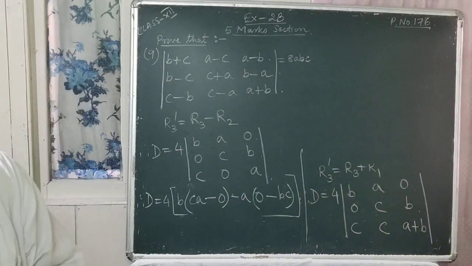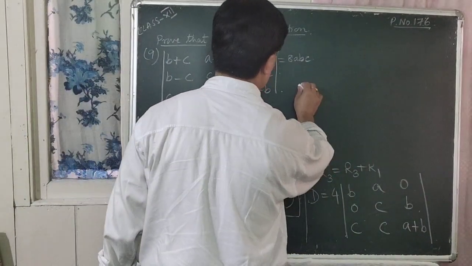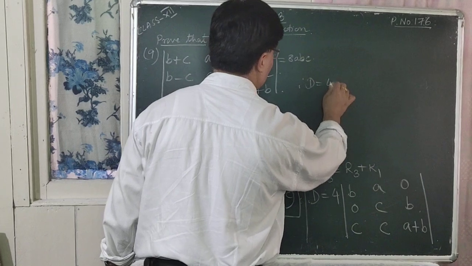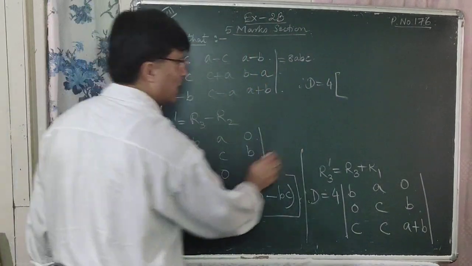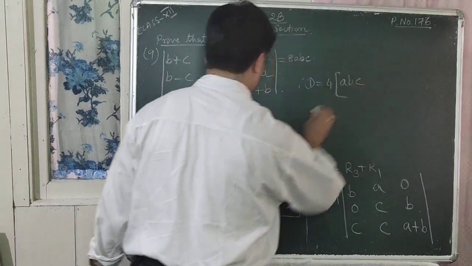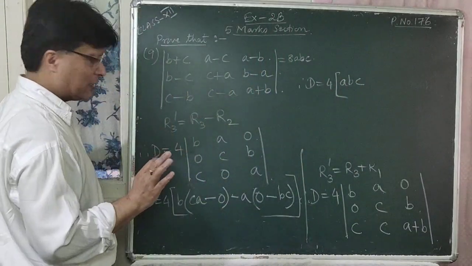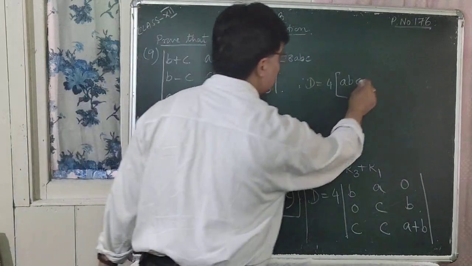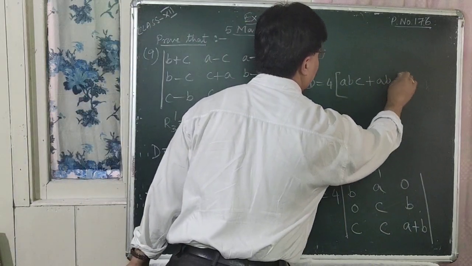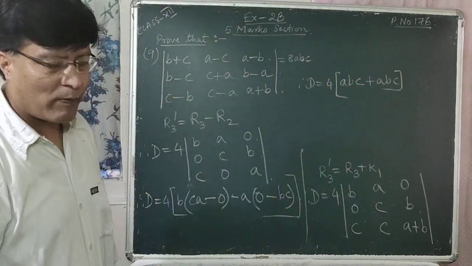So D is equal to 4 within third bracket. What do we get? B into CA, ABC. B into 0 is 0, you don't have to write it. Minus A into 0 is also 0, don't write it. Minus to minus, plus ABC. Is that clear now?